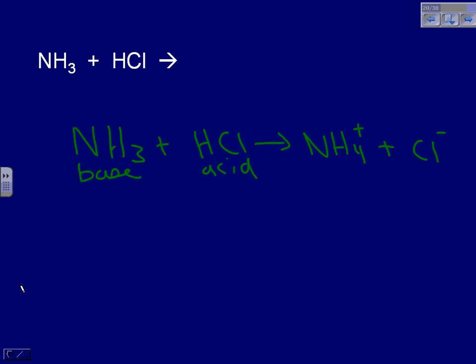All right. What's NH4? It's conjugate something. It's a good start. Conjugate acid. The base became the conjugate acid. Conjugate acid and conjugate base. All right?